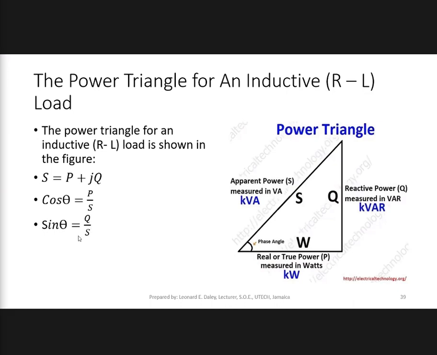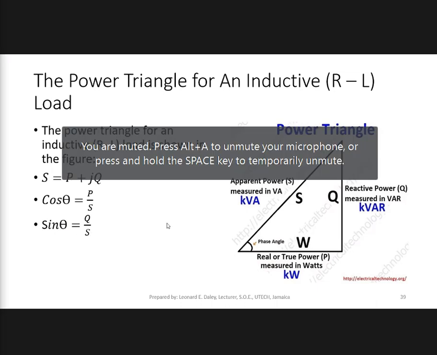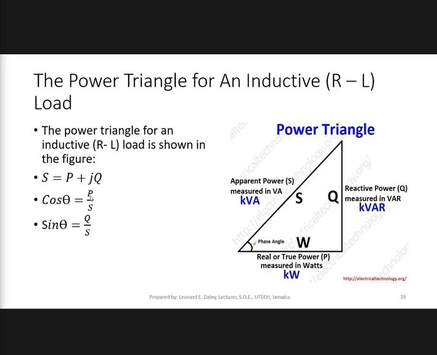Right, so Q would be S sin theta, which would be root 3 VL IL sin theta for a 3-phase system. And you can write similar things for P. All right, so this is the power triangle for an RL load.